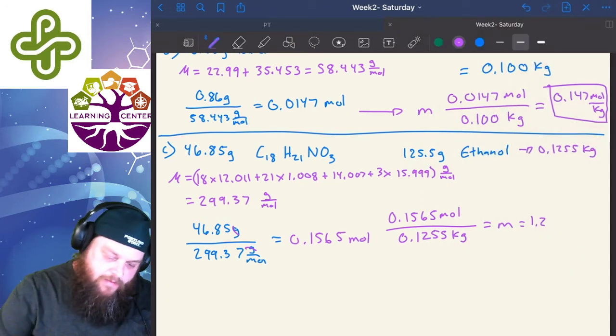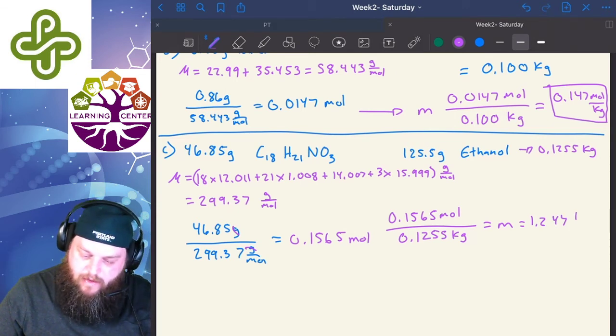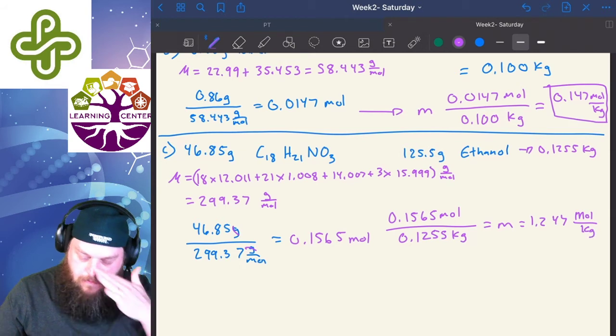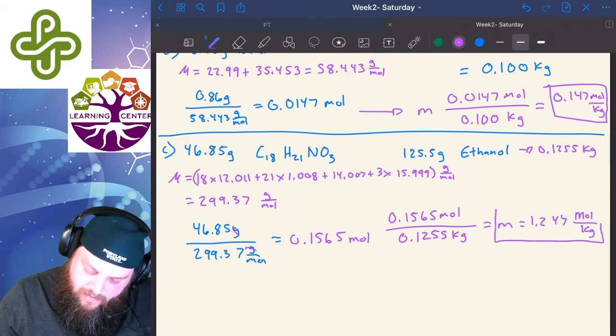I thought it was 5 for a second, or 3. This is going to be moles per kilogram. So that's the molality of this one here.